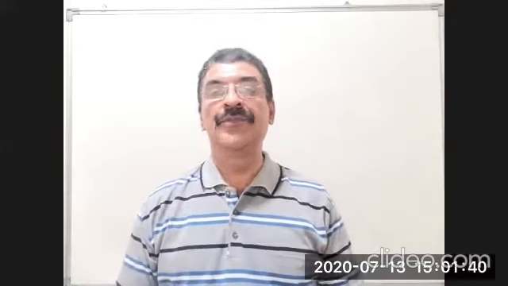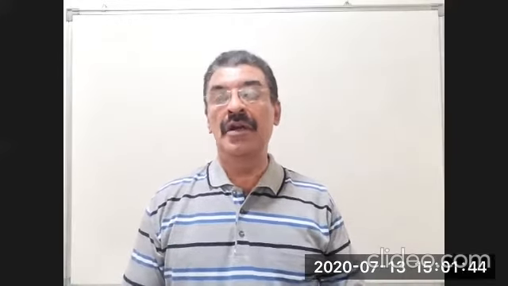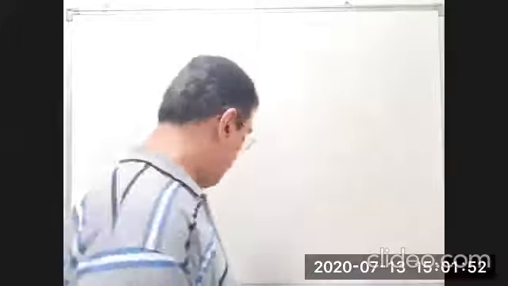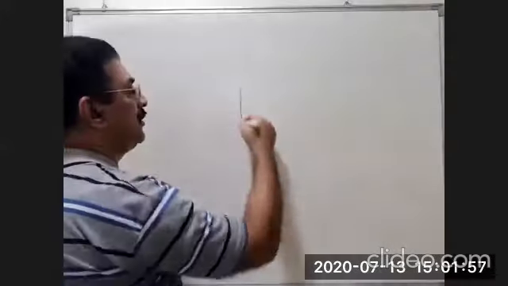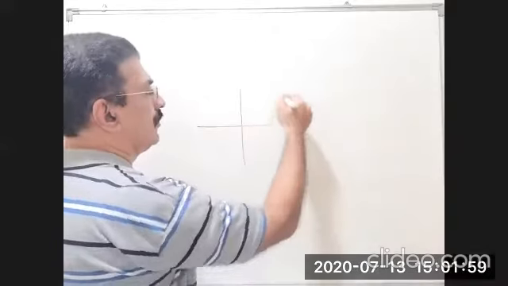So, to determine the half plane, when we get an inequality, the rule is we can take any point on the plane, substitute it in the inequality.